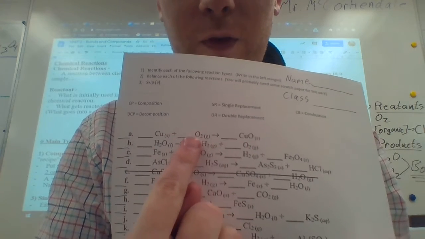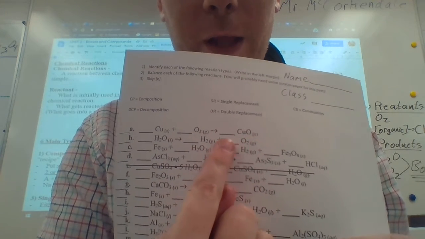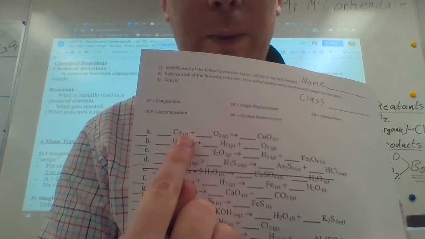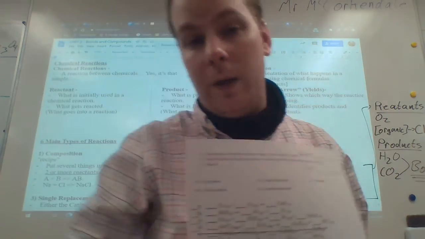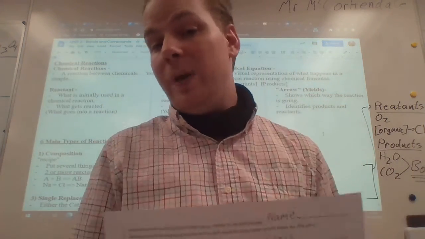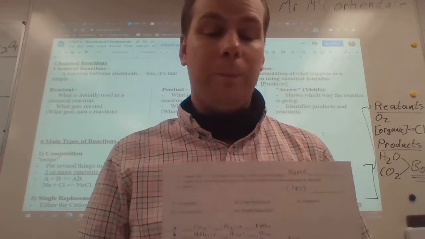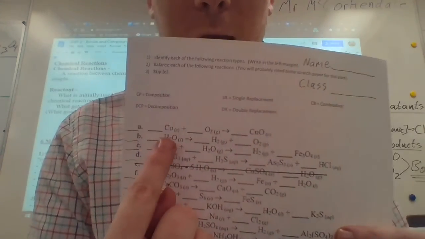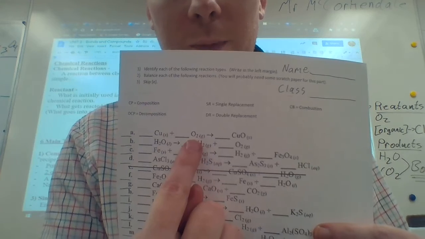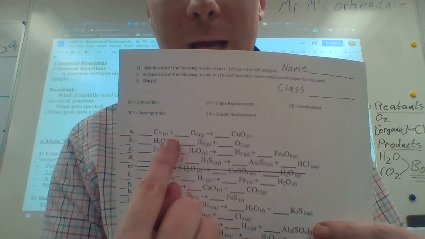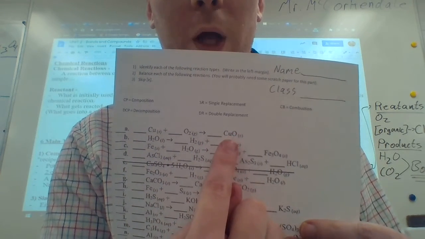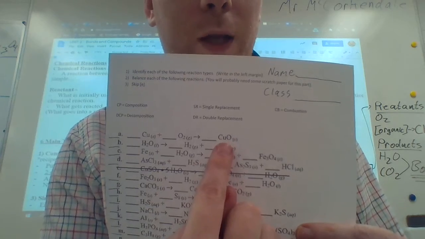Each of these is a separate formula. You can tell that by the blank, the arrow, and the plus signs that separate them. You'll never have a big gap in the middle of a formula. So we have 2 items on this side of the arrow, the reactant side, and 1 item on the product side.